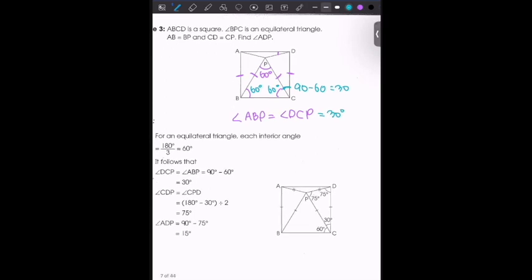And then we're going to look for angle CDP here. And angle CDP is going to equal angle BAP here.